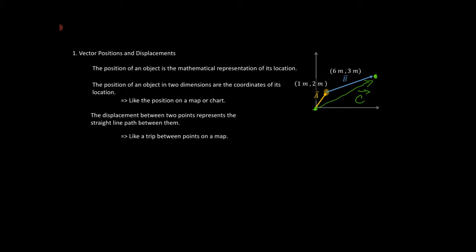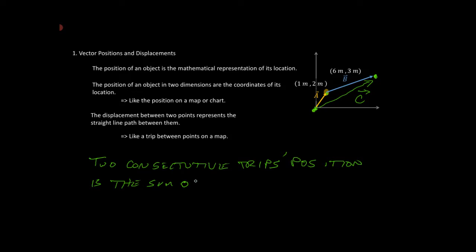But that's also like taking a trip from the origin to A, then taking a trip from A to B. So the way we do that is we say two consecutive trips: the position is the sum of each trip's displacements.